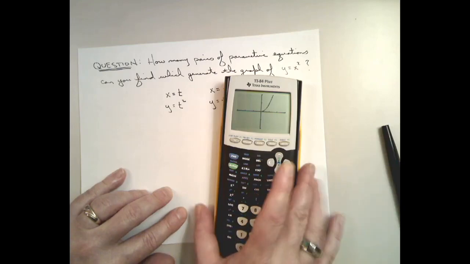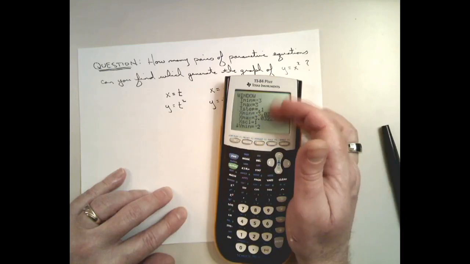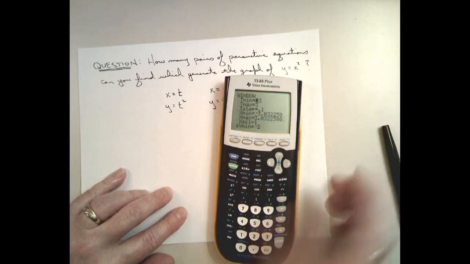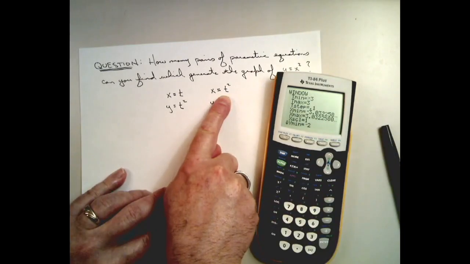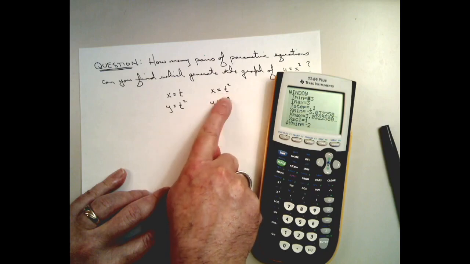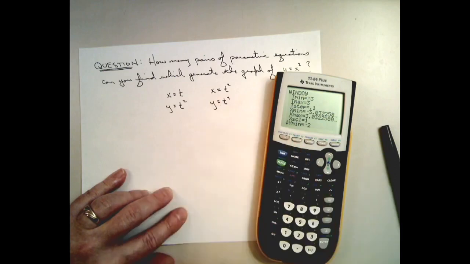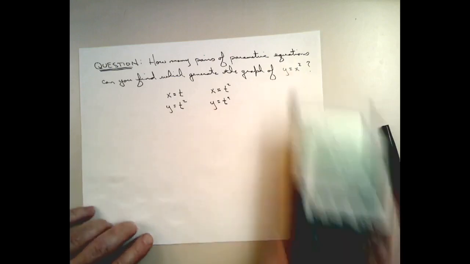Why is that? Well, we could go back and check our window again. Our values of t are taking on negative and positive values. Oh, but t squared is always a positive number. So if x is equal to t squared, then x is always positive. So I'm only going to get points on the parabola that have positive values of x.